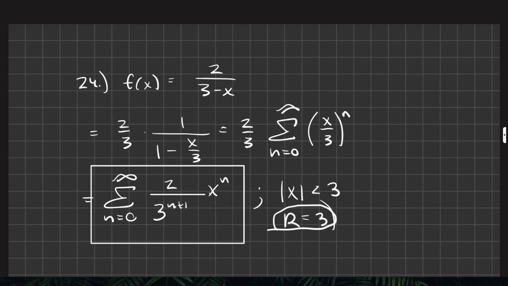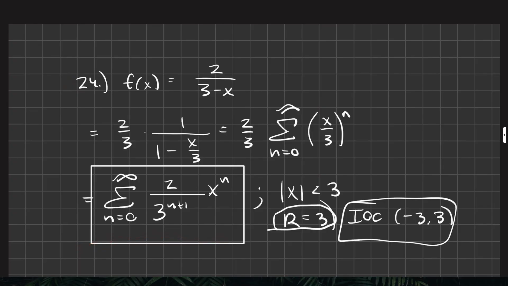And it turns out that the interval of convergence is -3 to 3, so it diverges at both endpoints. I recommend you go through and do that practice just to make sure you are all good on finding radius and interval. But the real bulk of the problem is this. This is our power series for f of x equals 2 over 3 minus x.